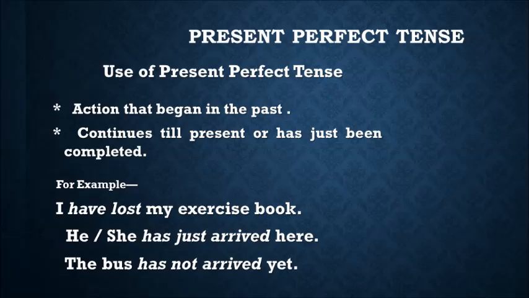Now the basic thing that you have to focus on is the use of supporting or helping verbs: has and have. Most of the students, maybe some of you, might get confused about where to use has and where to use have. Now we shall begin with the general rules.